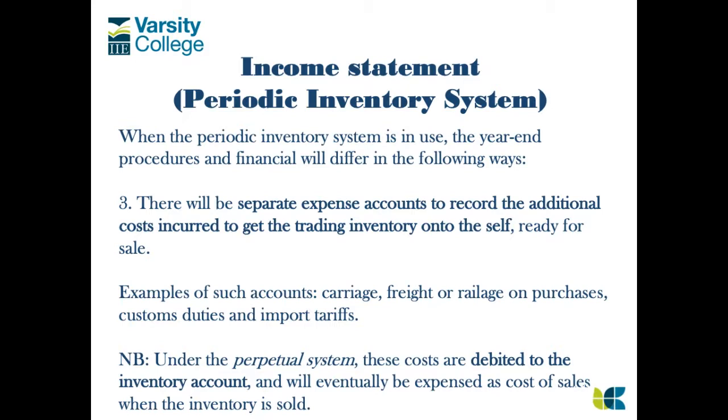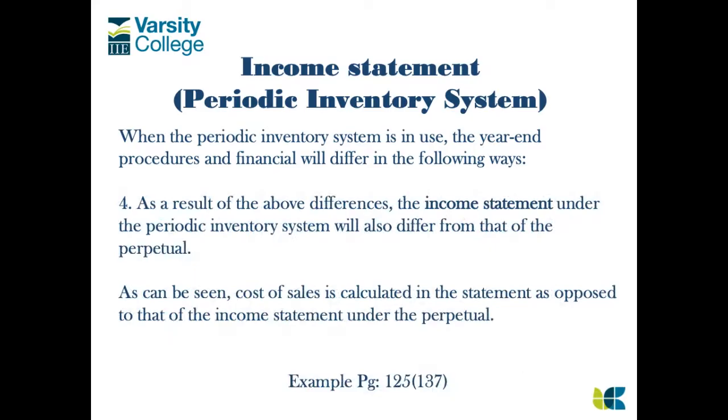Therefore, because they're already included in the trading inventory, whenever we sell the trading inventory, those costs get posted to cost of sales. So we don't need to worry about that under the perpetual, but under the periodic, we need to actually do that. Then, fourth difference.